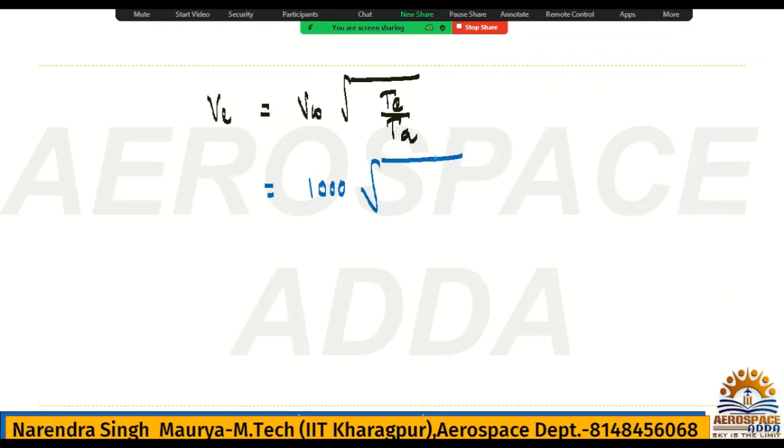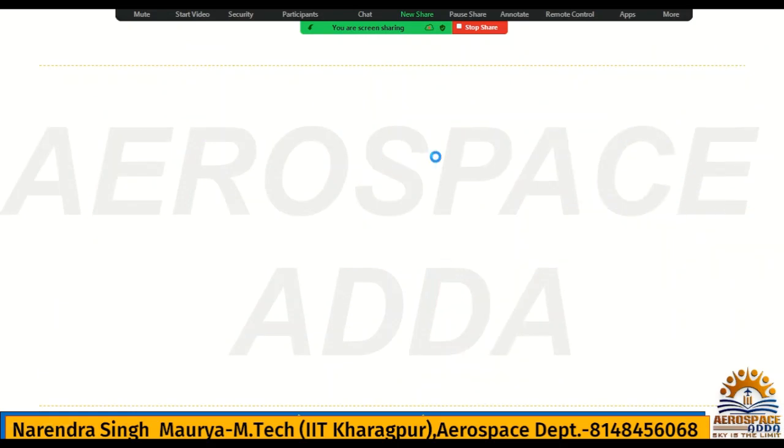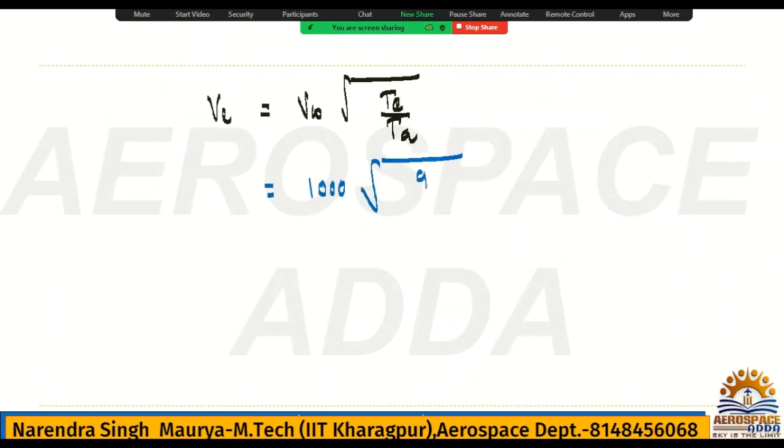TE, exit temperature, I think 900 Kelvin they have given to us, and ambient temperature 225. So this is 900 Kelvin and this is 225. Need to calculate this VE. So this value is nothing but 2000 meter per second.